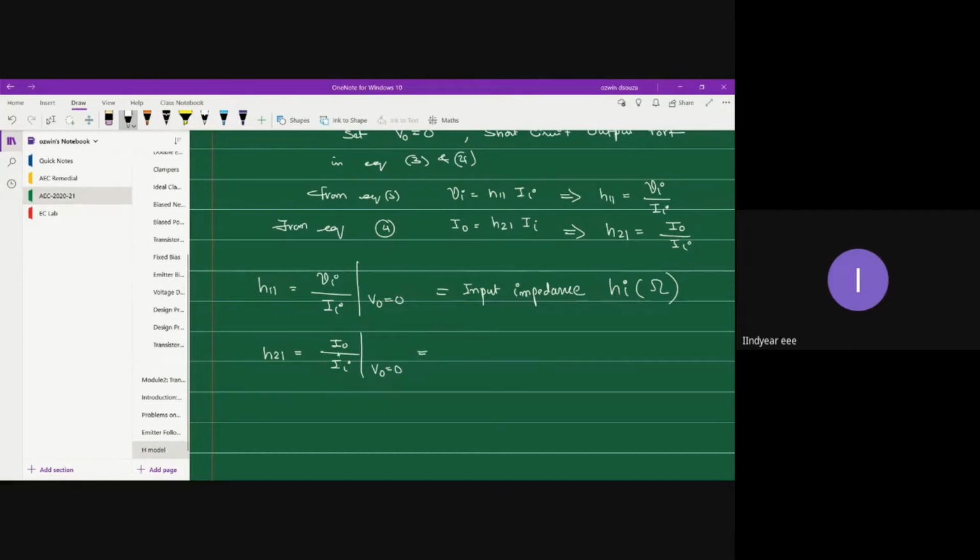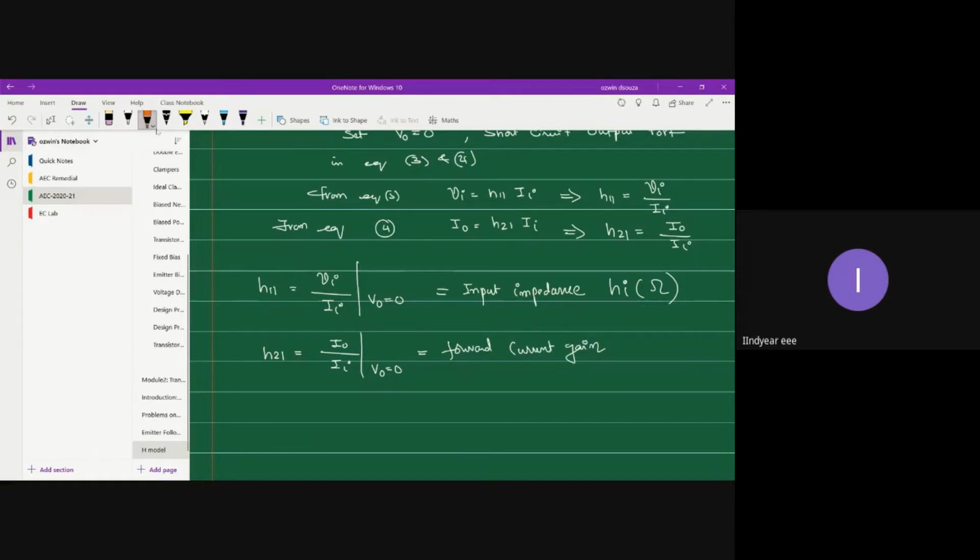On the other hand, I0 by Ii is your conventional gain. Always we find gain as some output parameter divided by some input parameter. So H21 follows that particular relation, output parameter divided by input parameter. So I0 by Ii is taken as the forward current gain.